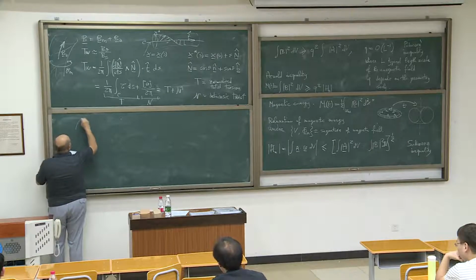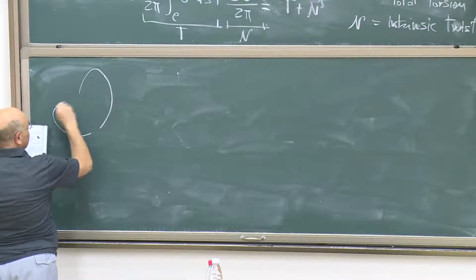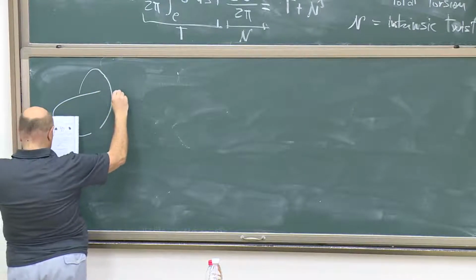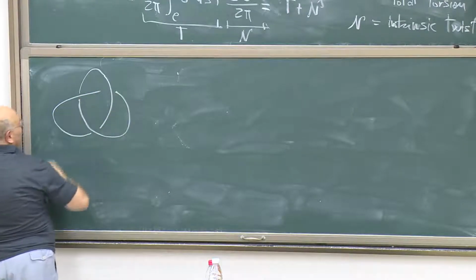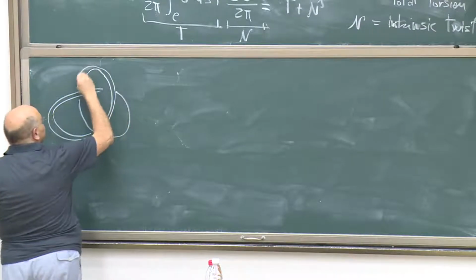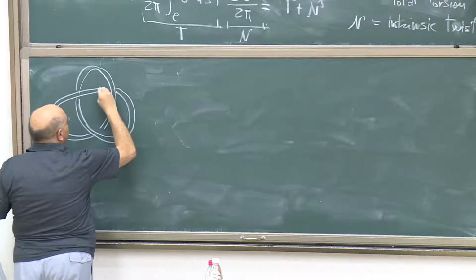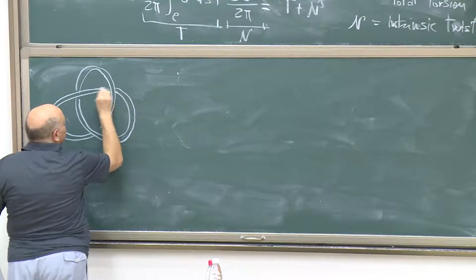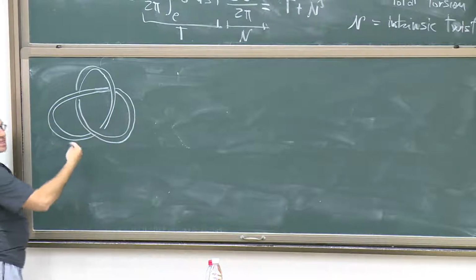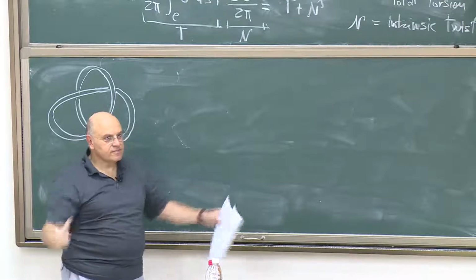All right, so we want something like this, and this like this. Imagine that this is your trefoil knot, and it is what you may call a loose knot.